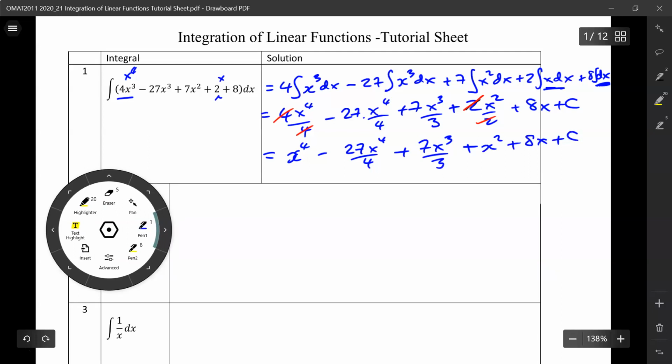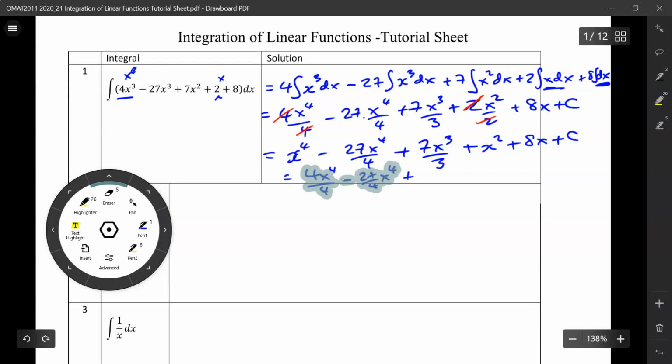And obviously I meant that to be x to the 4, but I can add these two together, so that gives me 4x to the 4 over 4 minus 27 over 4 x to the 4, and you can subtract that to give you 23 over 4 basically.